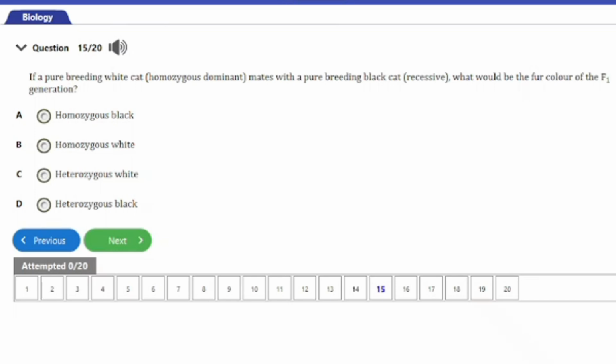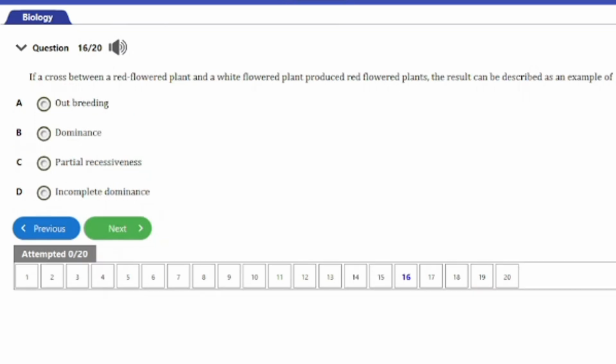So the F1 generation will produce a white cat, and in that case it's going to be heterozygous if you do the crossing. So you have a heterozygous white cat, and that's it for that question. So let's consider the next question.